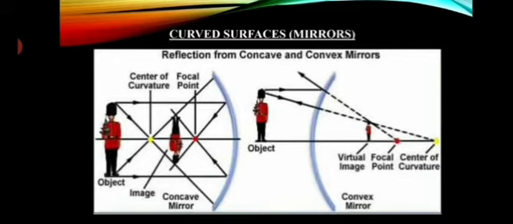And for the convex mirror, when the object is placed in front of it, the light rays are diverged and they appear to converge on the opposite side of the mirror, where you obtain a virtual and erect image but diminished in size.